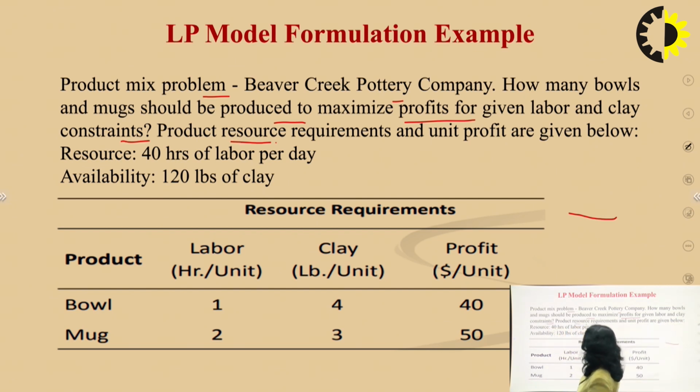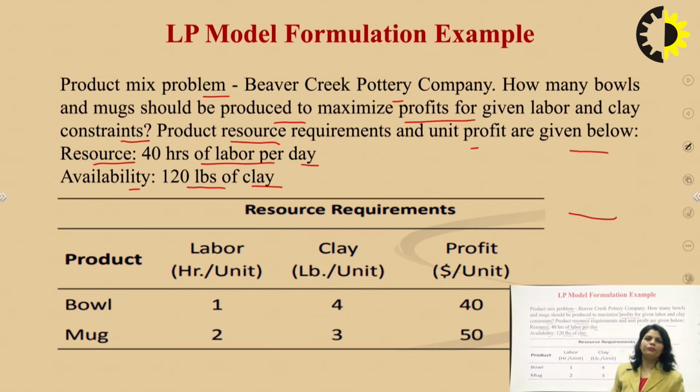The product resource requirements and the unit profit are given below. The resources are 40 hours of labor per day, and the availability is 120 lbs of clay. So this is the example.